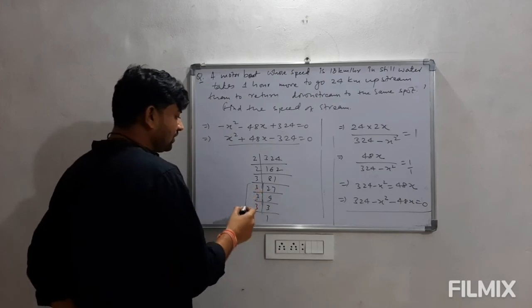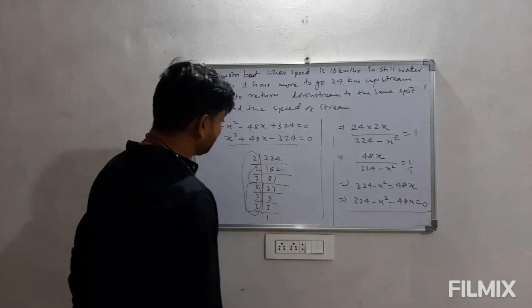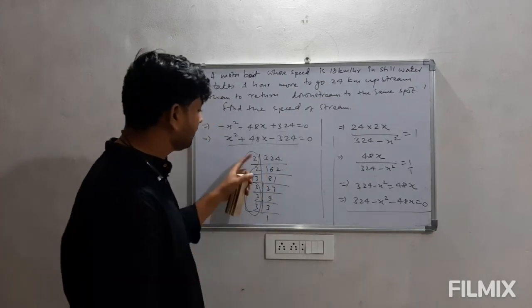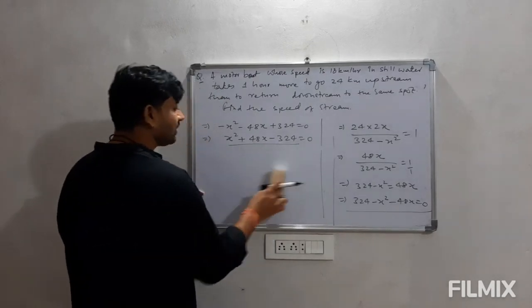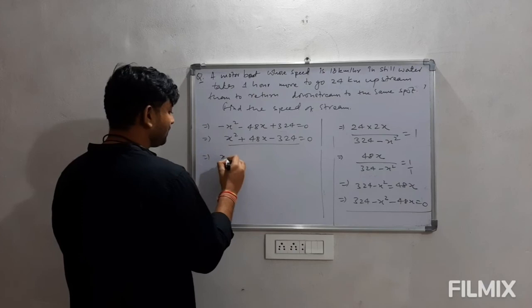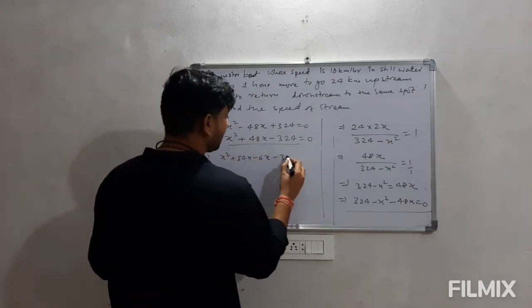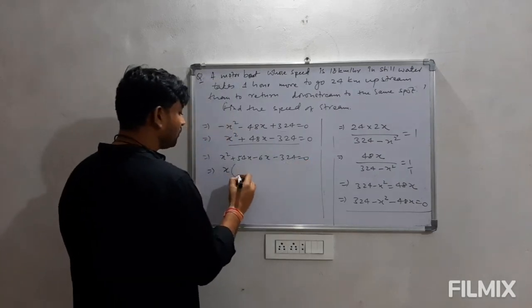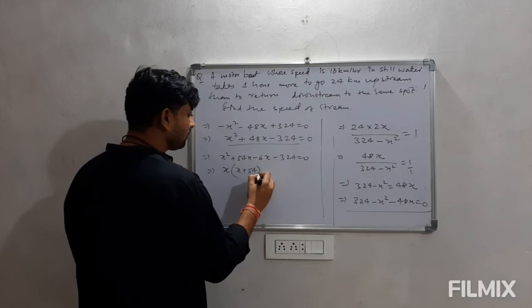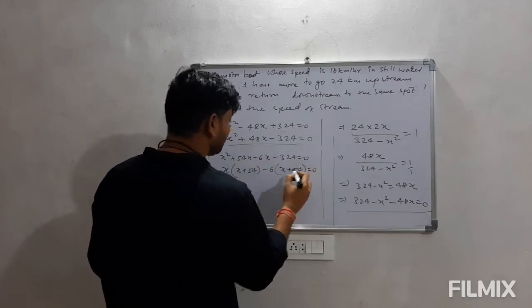If we look at this, we have 27. If we combine this 3 with this 2, we get 54 minus 6, then we can have 48 here. So clearly it is 54 minus 6. So x square plus 54x minus 6x minus 324 is equal to 0. So if we take x common, x into x plus 54 minus 6 into x plus 54 is equal to 0.